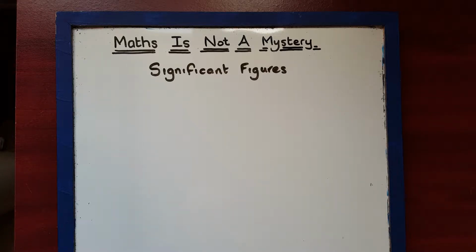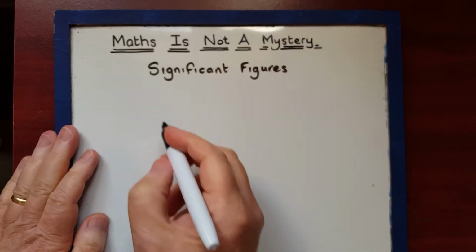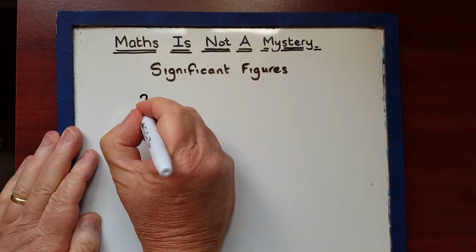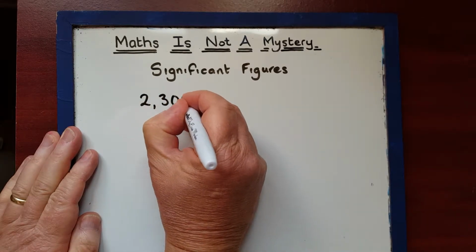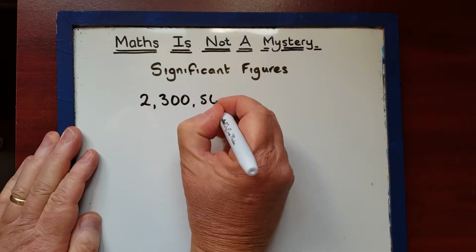I used in one of the previous videos about rounding an example of giving the population of a town or a city. So I'm going to try that again. Here's a city and it's got 2,300,568 people.